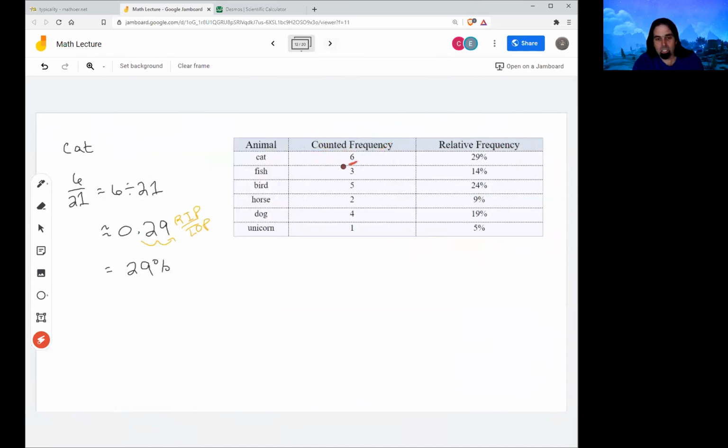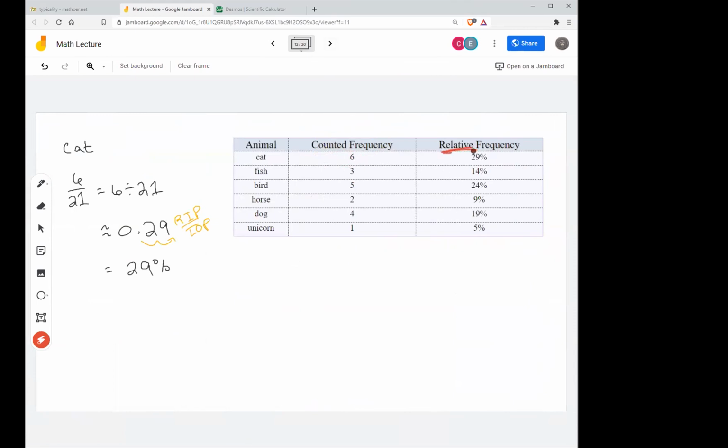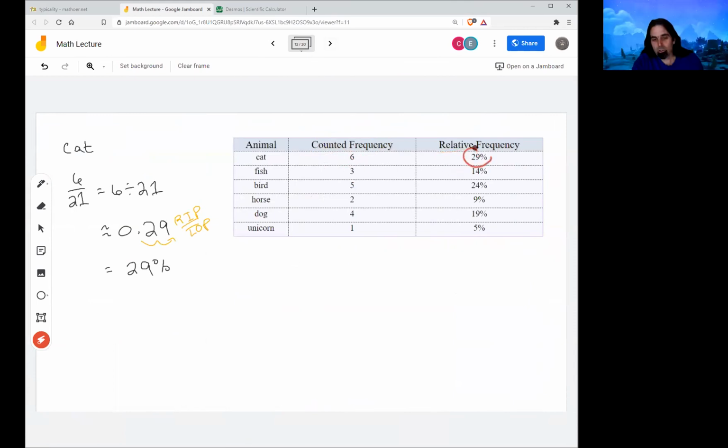We actually had 6 people say cat and we counted it. Or is it the relative frequency, which is the fancy jargon for the percent that goes with it? If you want, you could still do a total row. Maybe that would help you if you are making this presentation to people.